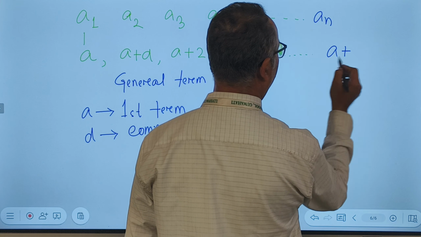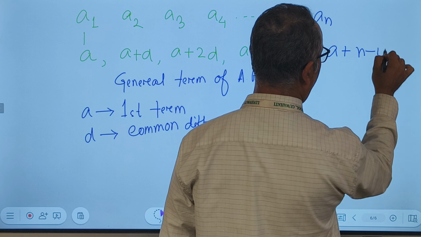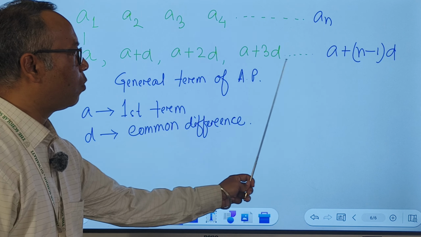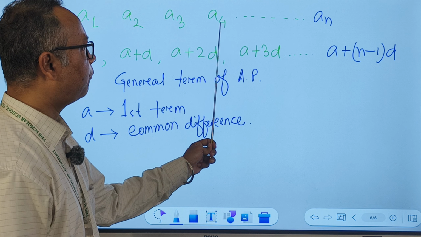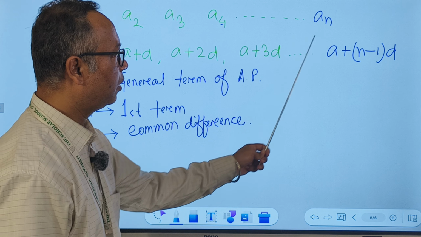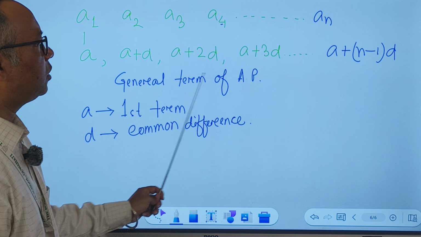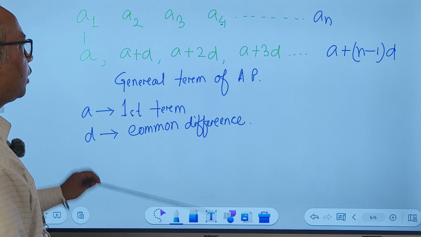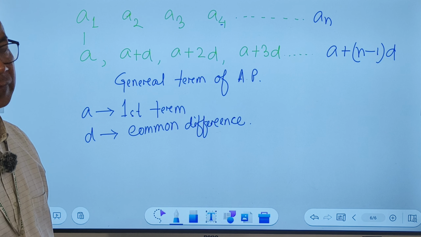A plus, see, one less. 4 means A4, one less of this number, that is 3, one less, n minus 1, D. So this is how in a finite sequence we can find the entire sequence.